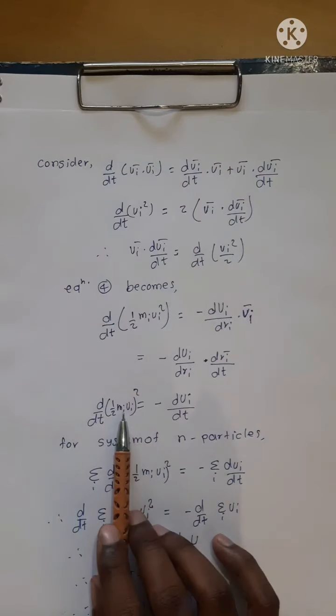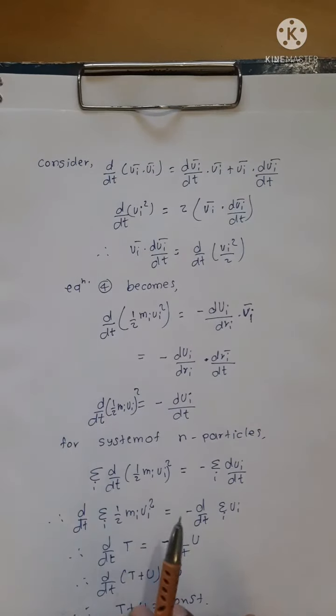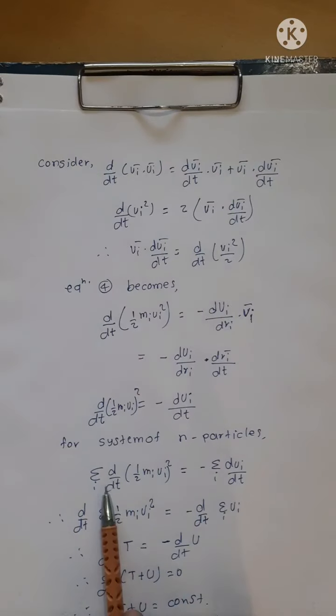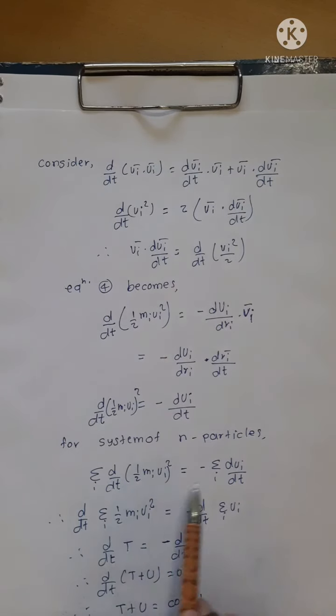But this is for only the ith particle, any single particle. So for a system of n particles, we need to take the summation on both sides. Now the differentiation can go outside and the summation sign can come inside, so we rearrange the equation like this.